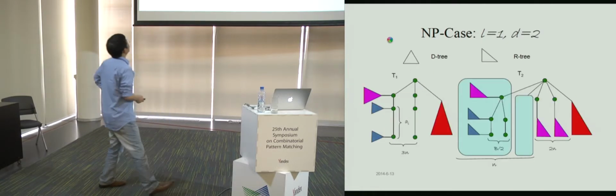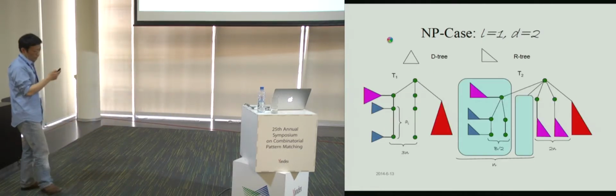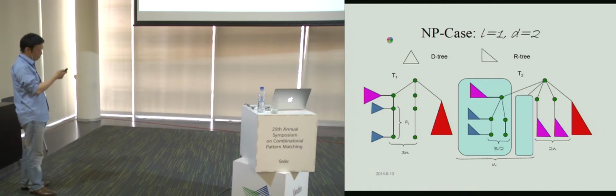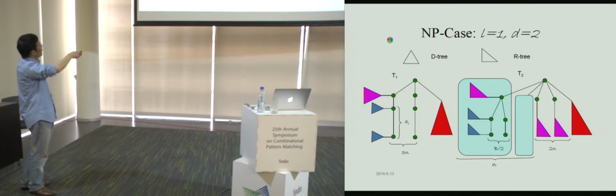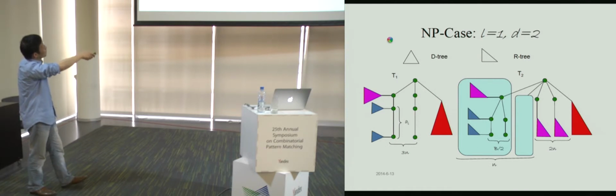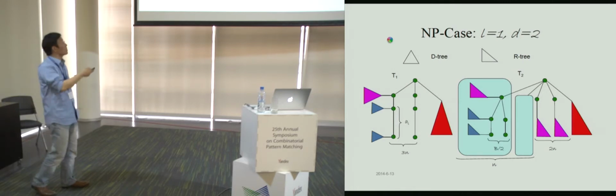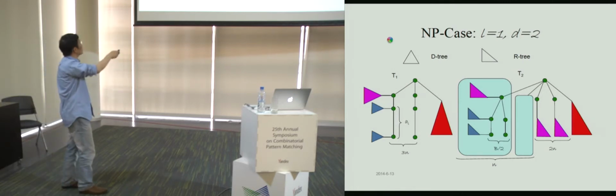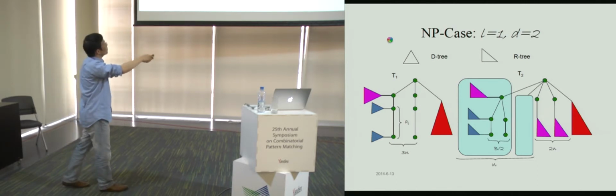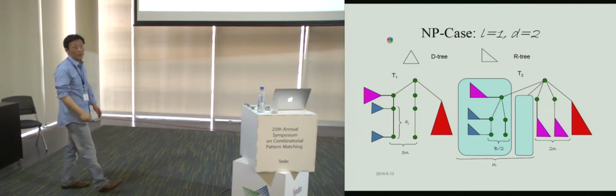Then we can construct the reduction. This part encodes the 3n integers, and this is a big D tree, and this is a big R tree, which together guarantee that this part must be mapped to this part, and this large D tree must be mapped to this R tree.